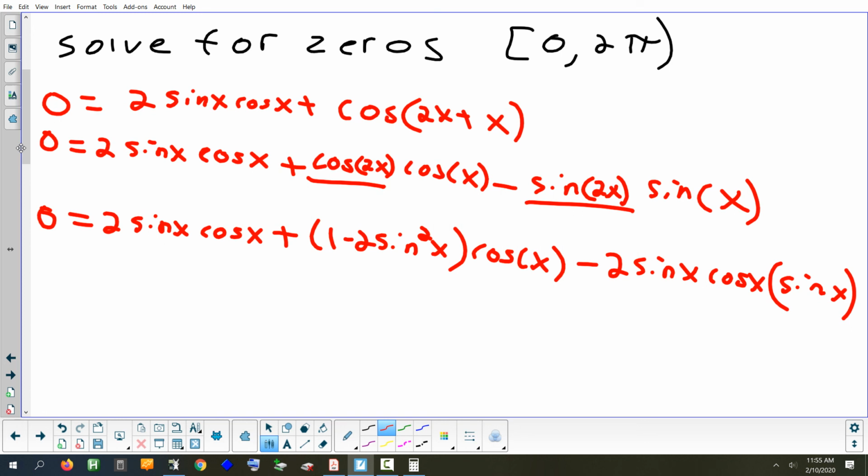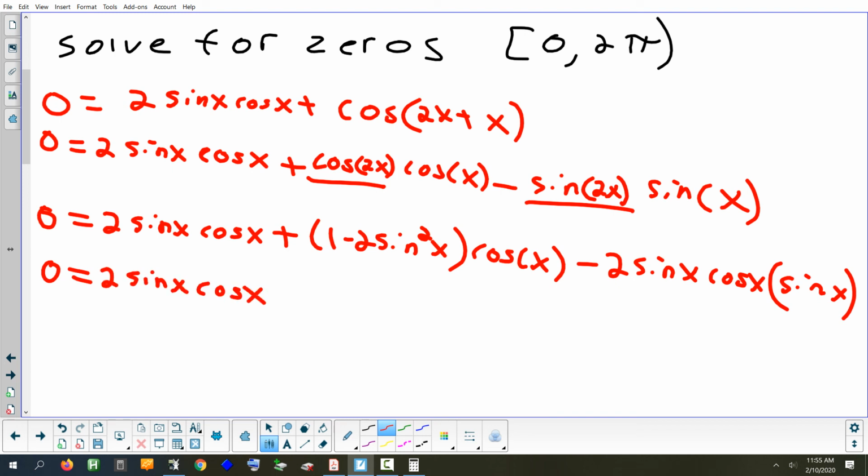Okay, so I don't really want to rewrite all of this just to do one thing, but I'm going to. So I'm going to just distribute the cosine out. If I was doing this, I probably would have just done it in the last step, because the more times you keep rewriting it, the more likely you're going to copy something wrong.